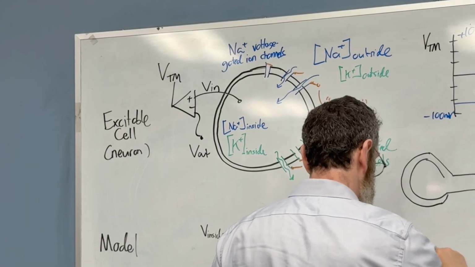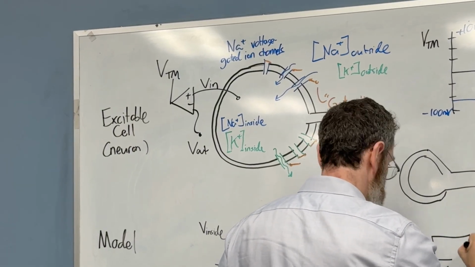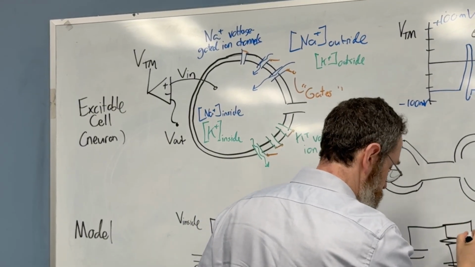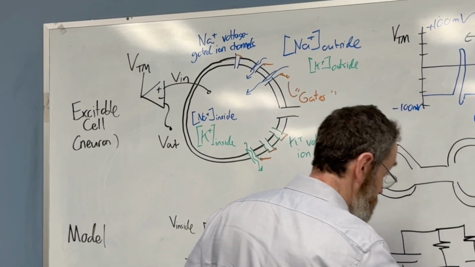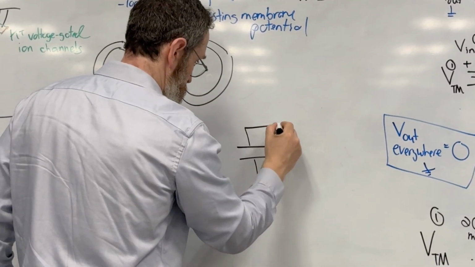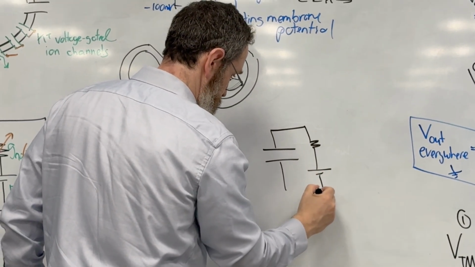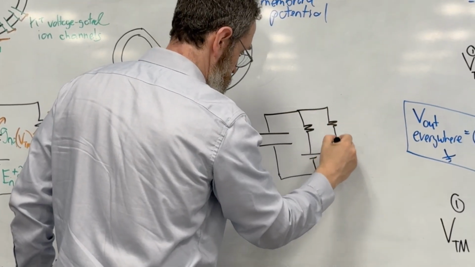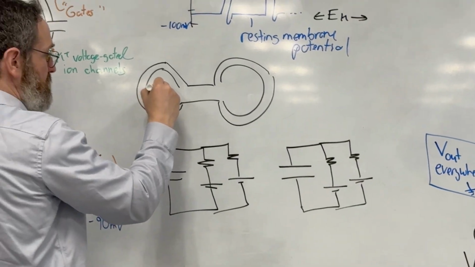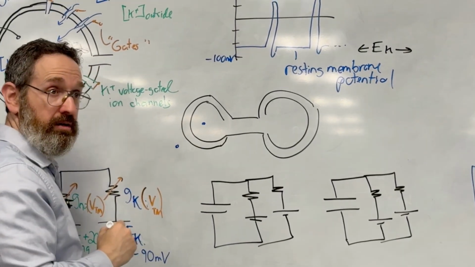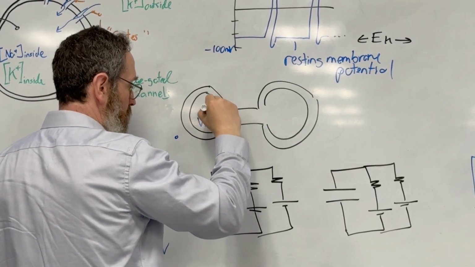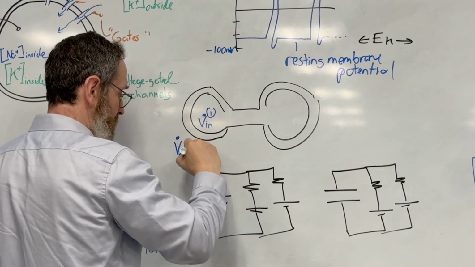Let me redraw it. So I'm going to have C sub m. This is one of them. This is the other one. Now, there's a potential from the inside here to the inside here. This is V in 1 to V out 1.